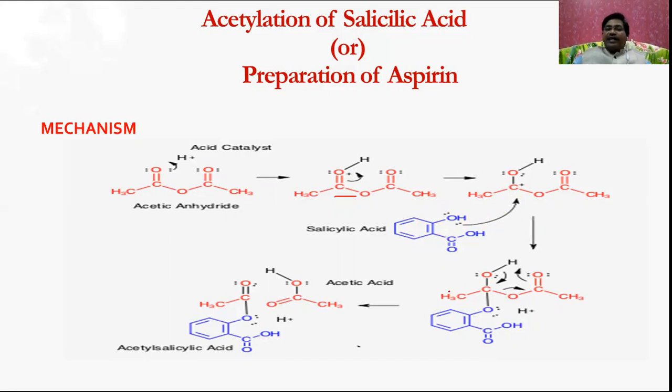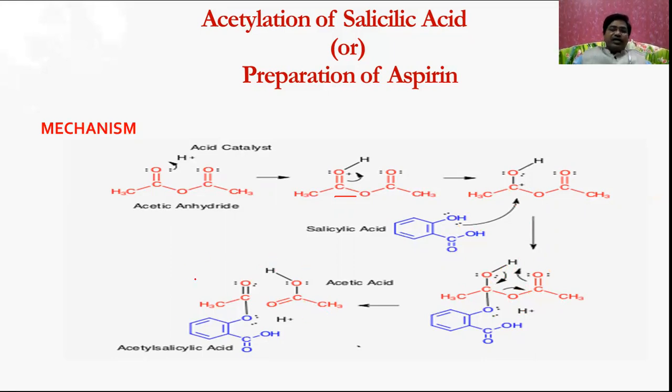After attacking this one, at the same time there is a loss of proton here. Then some changes take place. You can observe this bond is shifted to here, and this bond shifted to here, and this is going to be the negative charge. The proton that comes from here is taken by this moiety, and you will get the compound called acetic acid.